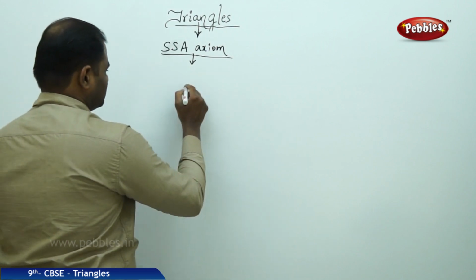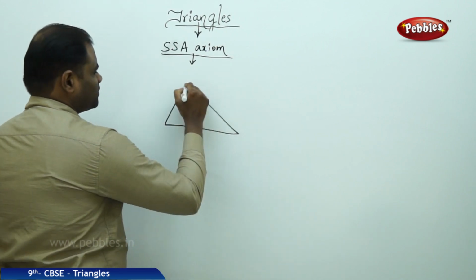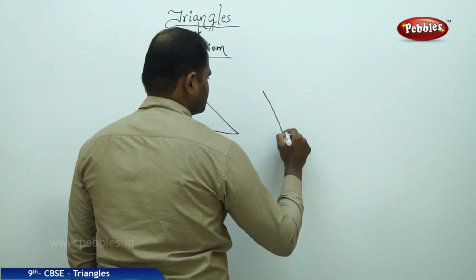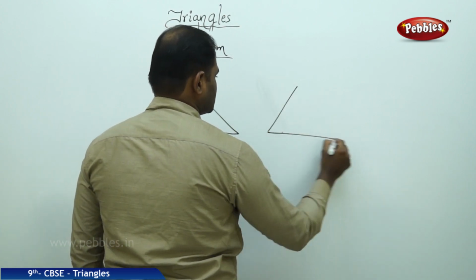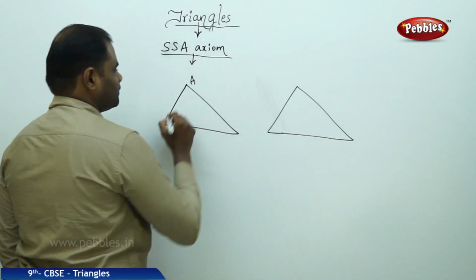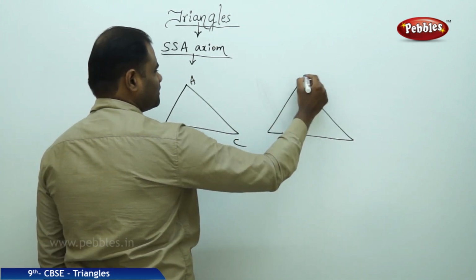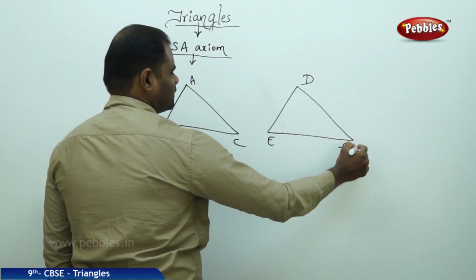Side angle, that is, I take two triangles ABC and say another is DEF.